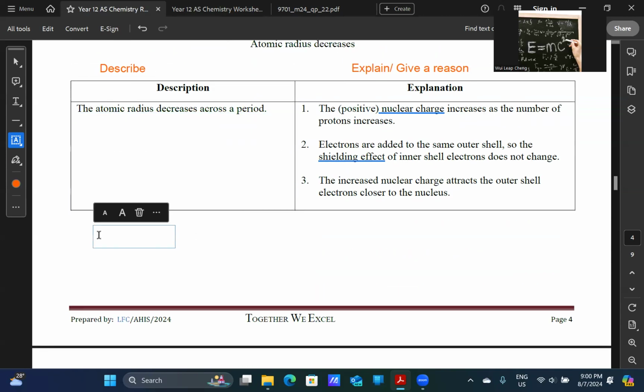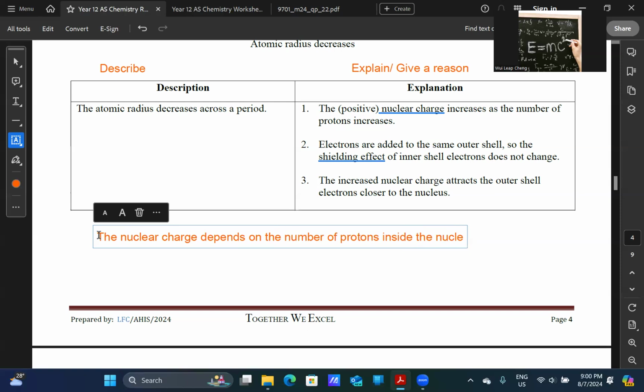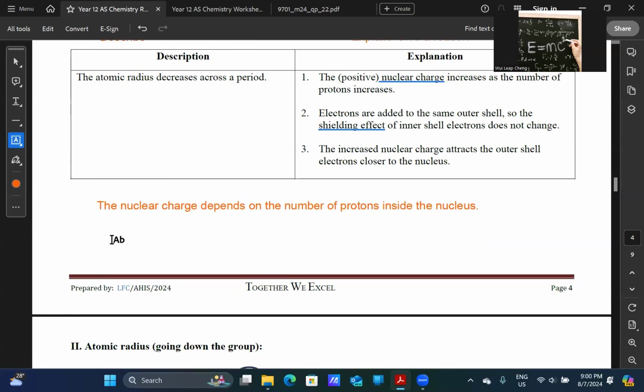The first idea you can write down. Okay, it depends on the number of protons inside the nucleus.